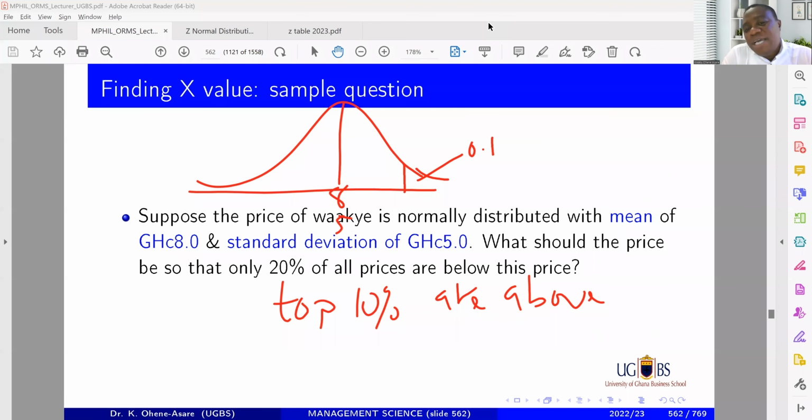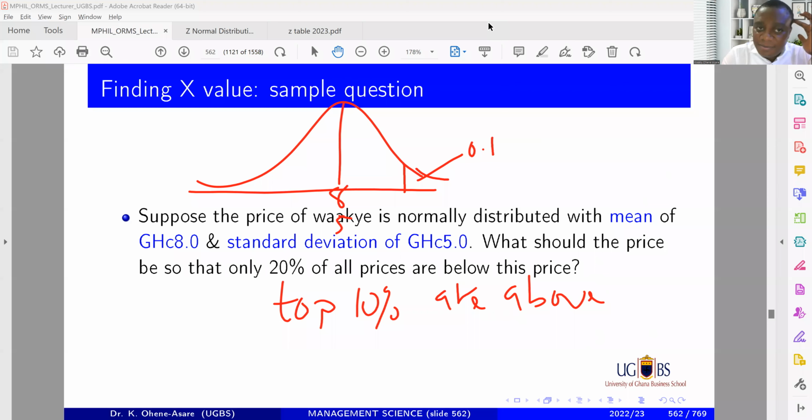But before you get to that 10%, how many percent do you have to cross from the center? 40%.